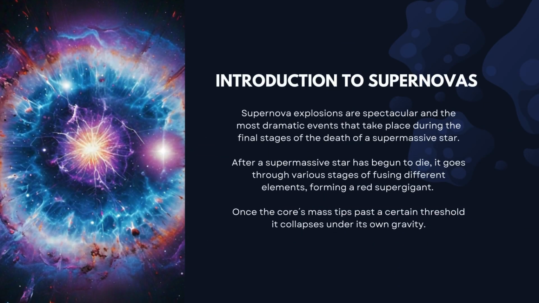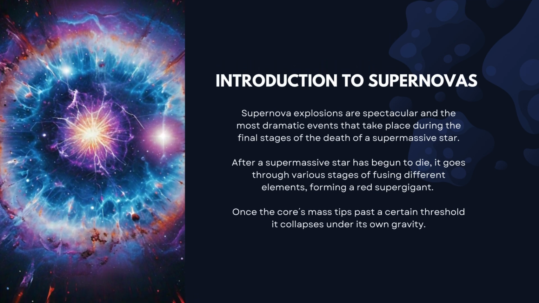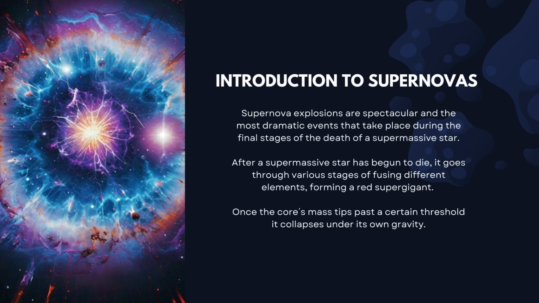Supernova explosions are spectacular and the most dramatic events that take place during the final stages of the death of a supermassive star. After a supermassive star has begun to die, it goes through various stages of fusing different elements, forming a red supergiant.